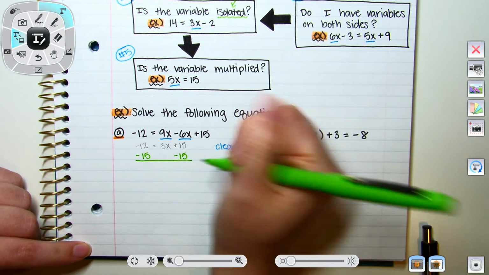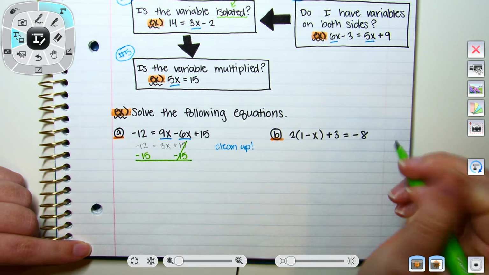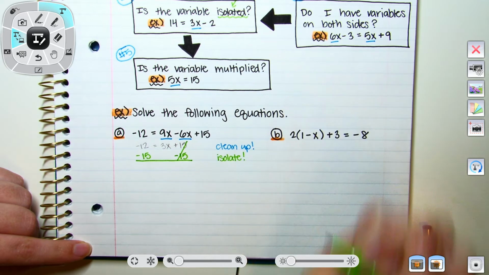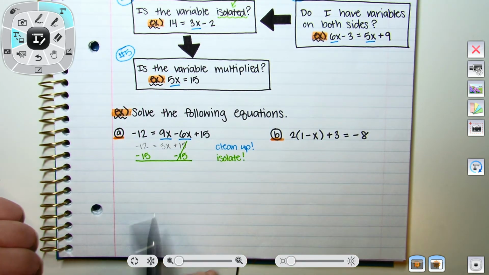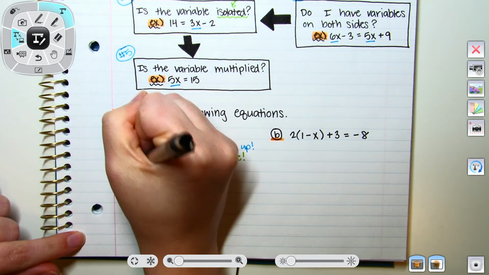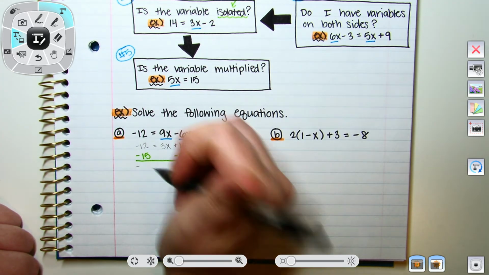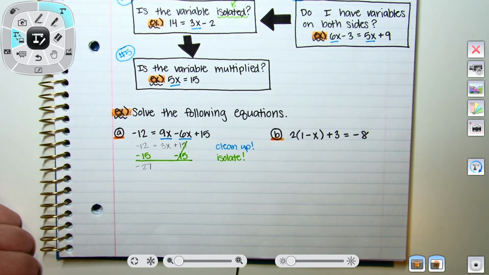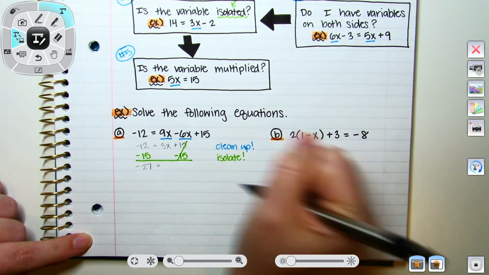When I do that, these will cancel out over here. So if we have negative 12 and then we subtract 15 more, we know that our answer is going to be negative. Get negative 27 equals, the only thing left on the right side now is the 3x.